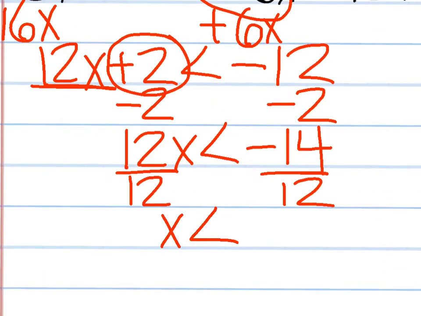When we divide by 12, we'll have x on one side. On the other side, we'll have negative 14 over 12, which we can simplify to seven over 6. So that is our answer. So x is less than negative 7 over 6.